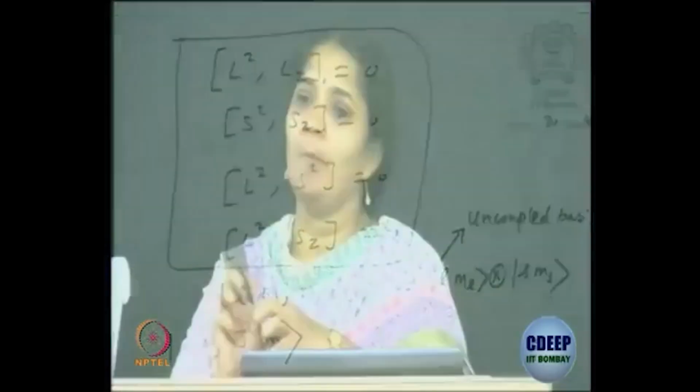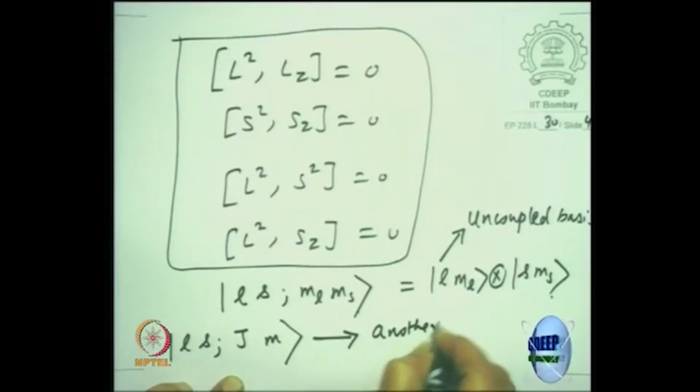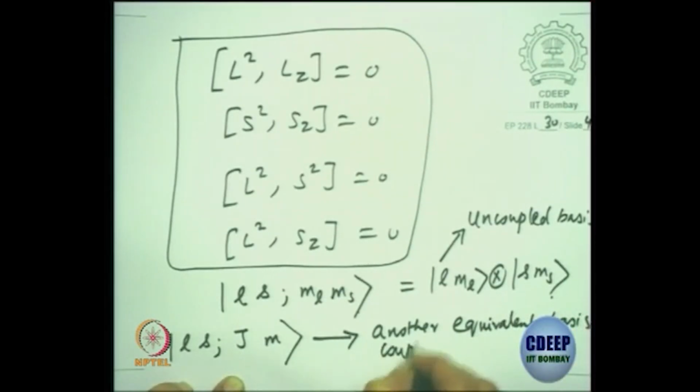You don't know which component is orbital in it, which component is spin in it. You cannot make out. So, in some sense, we call this another equivalent basis, which is called coupled basis.